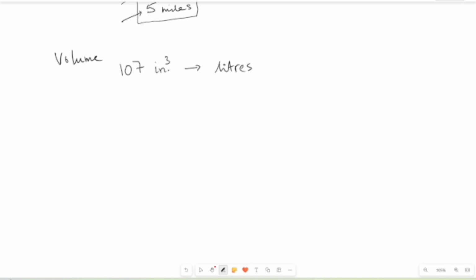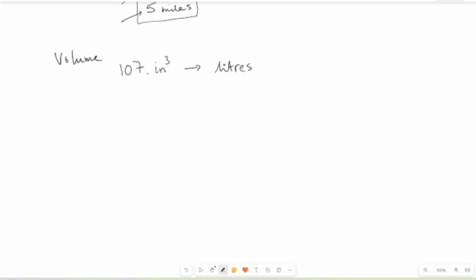The Americans still use cubic inches, but we use litres for the capacities of our engines. So just for fun, we'll convert a Harley-Davidson motorcycle engine at 107 cubic inches and see how many litres it is.